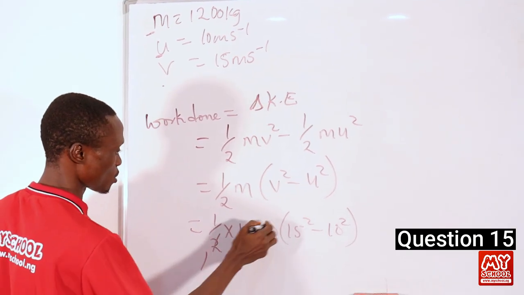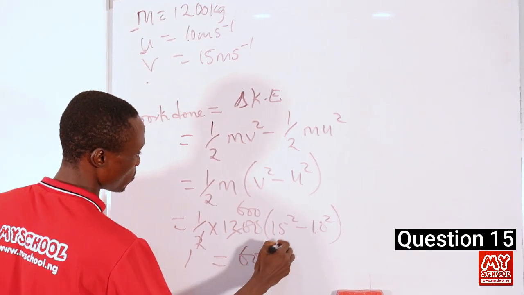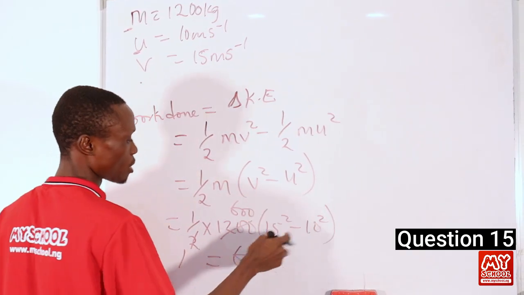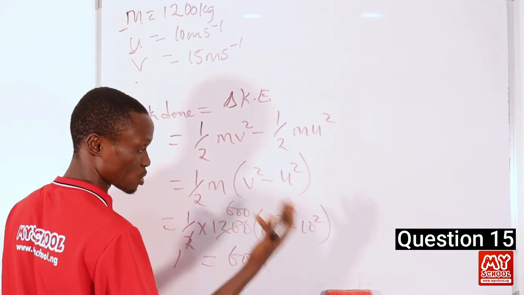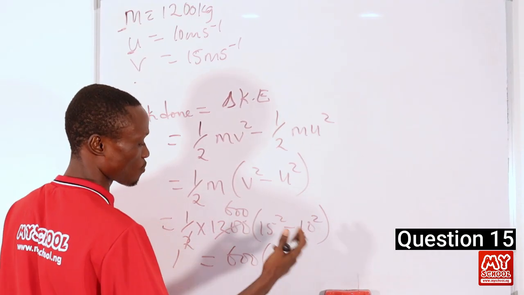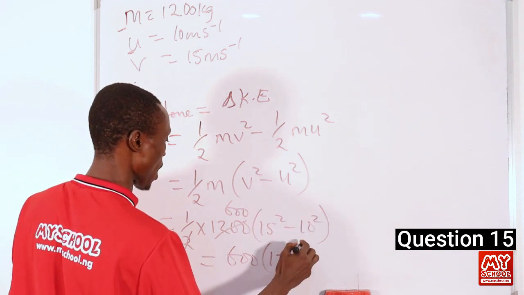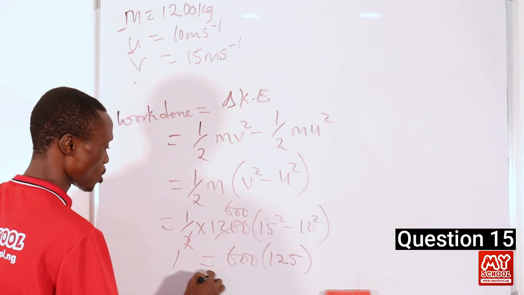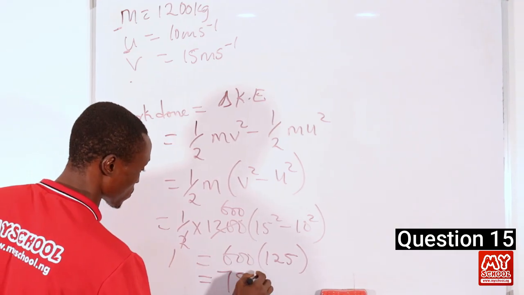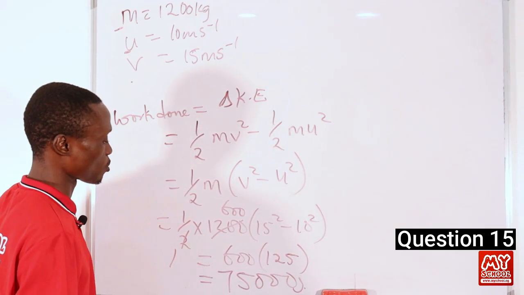So 2 here is 1, 2 here is 600, so we have 600 bracket. If we tidy up, 15 squared is 225 and 10 squared is 100. So 225 minus 100 leaves us with 125. If we multiply these two, we have 75,000 joules.